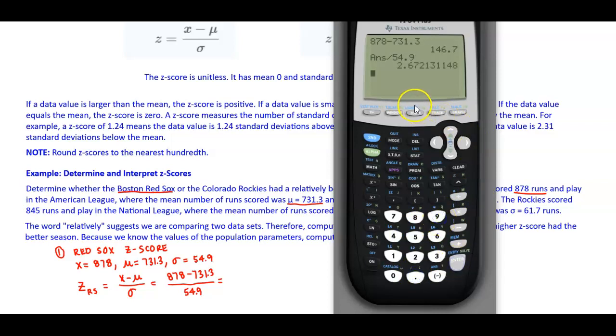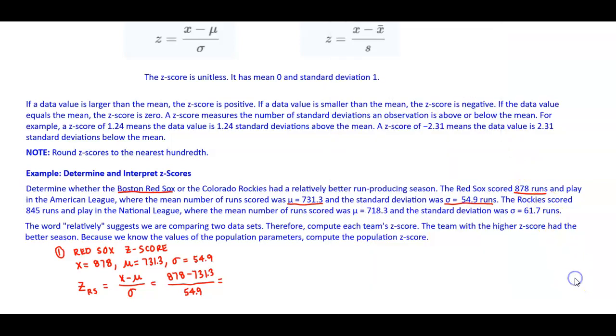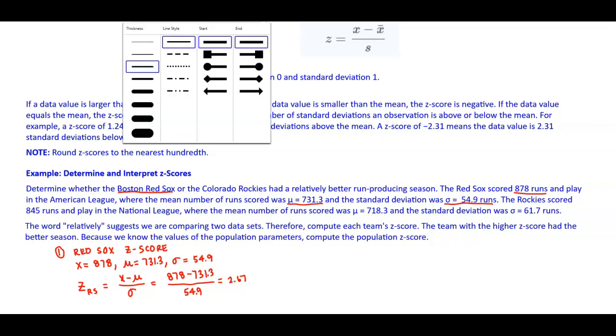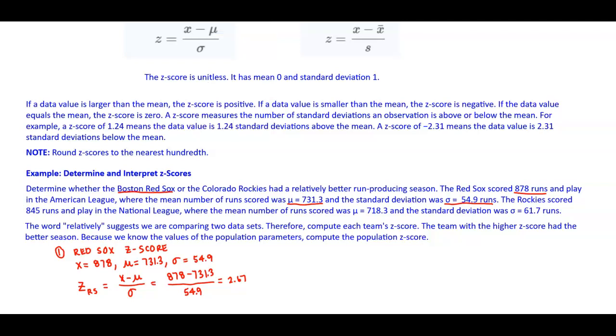Here we round to 2 decimal places, because remember, we round Z-scores to the nearest hundredth, so this gives us 2.67. Now what we want to do is find the Colorado Rockies Z-score.